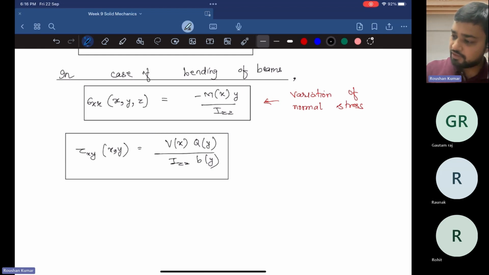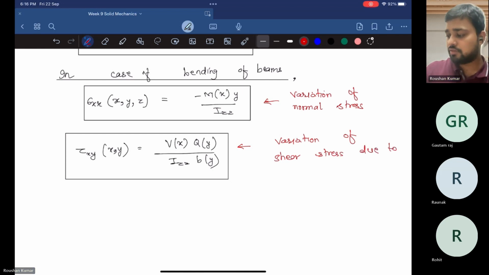So this is the variation of shear stress due to bending of beams.